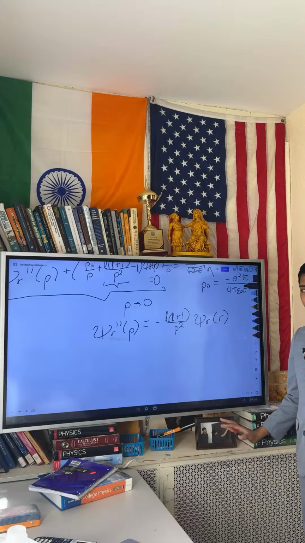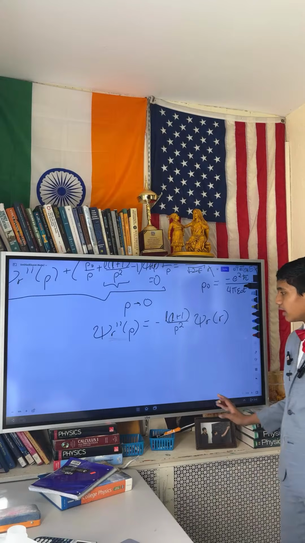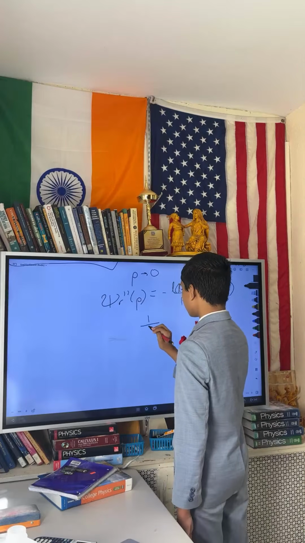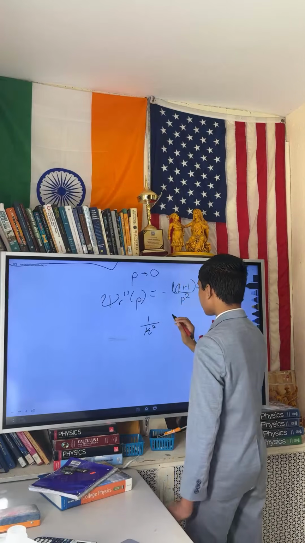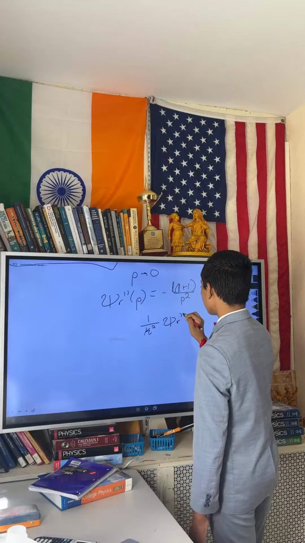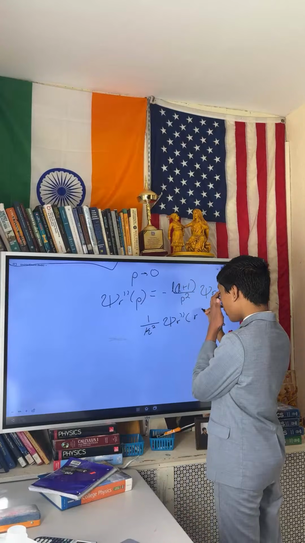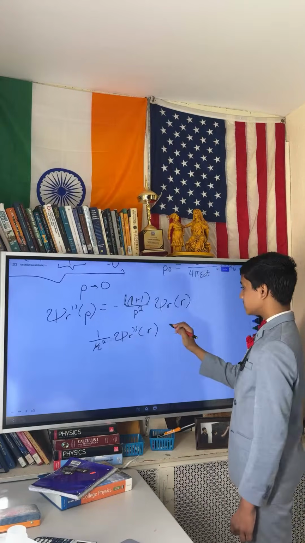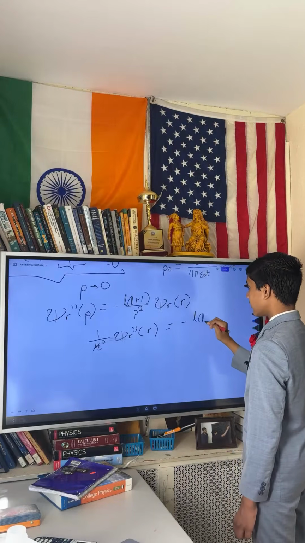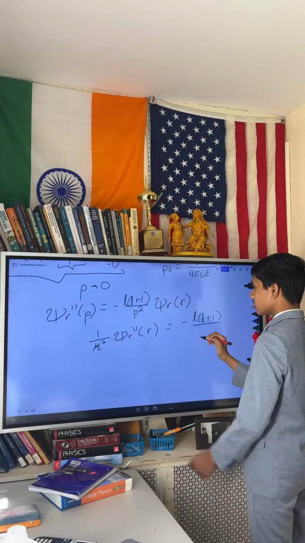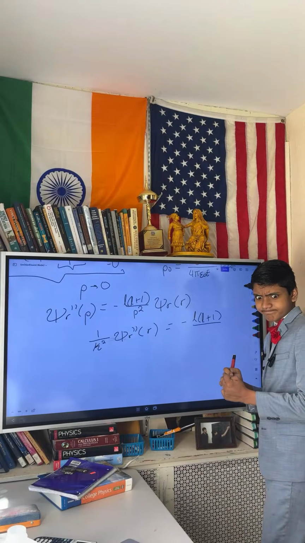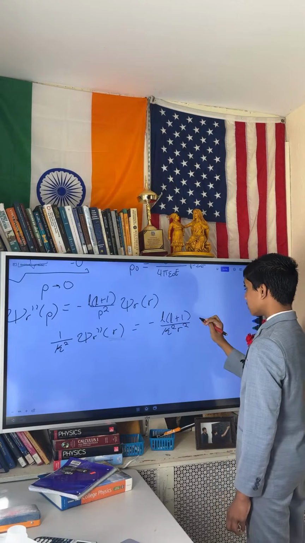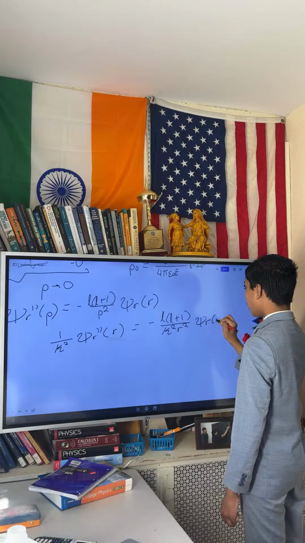So now, for a moment, just to breathe, I'm going to unsubstitute rho here. So this is going to be 1 over kappa squared psi r double prime of r. And so, what is this going to tell us? This is equal to minus L times L plus 1 over kappa squared rho squared r squared psi r of r.